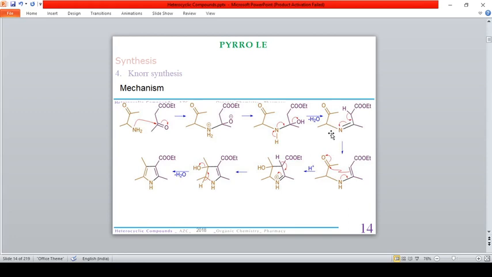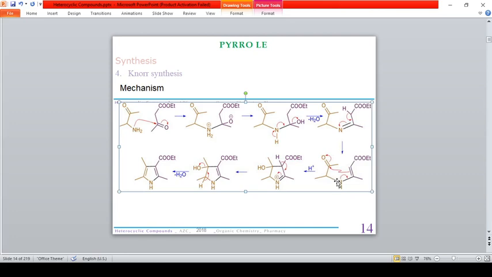Alright, now what happens? This nitrogen will not attack anything. There is too much strain, so it will not attack the carbonyl carbon. Instead, this pi electron cloud will attack the carbonyl compound, or you can say this carbon will attack the carbonyl carbon with the help of the lone pair of nitrogen. How?